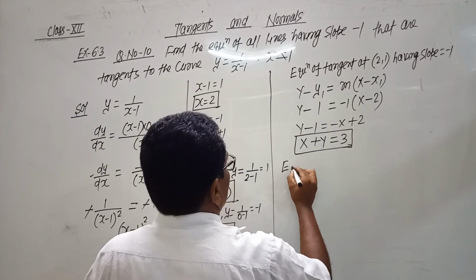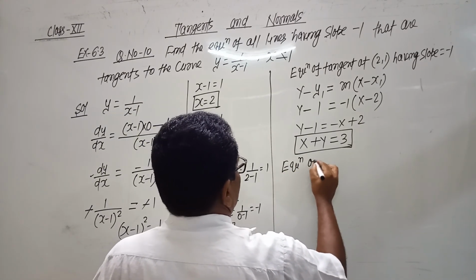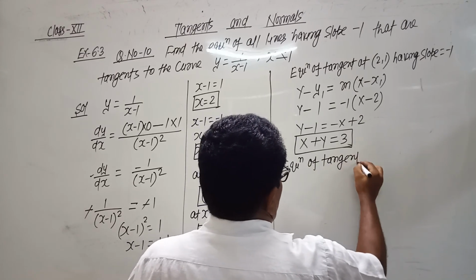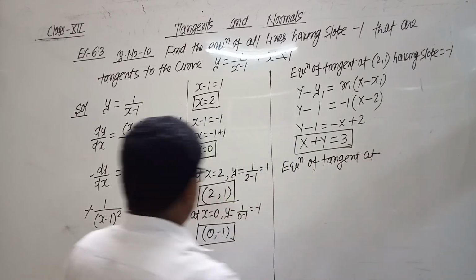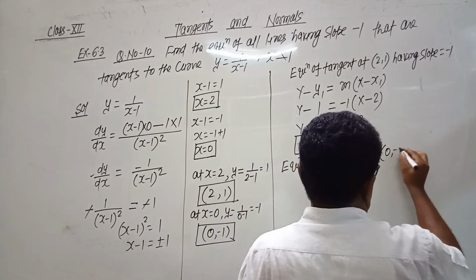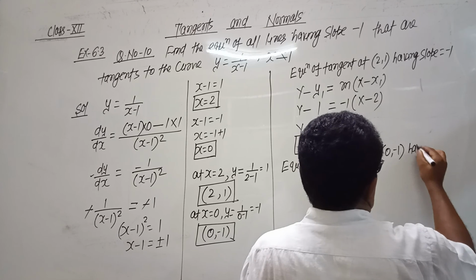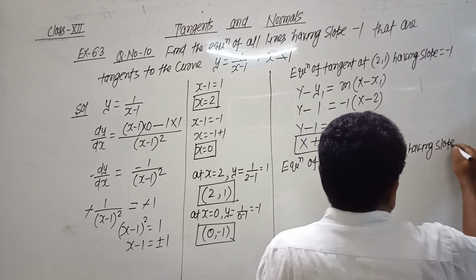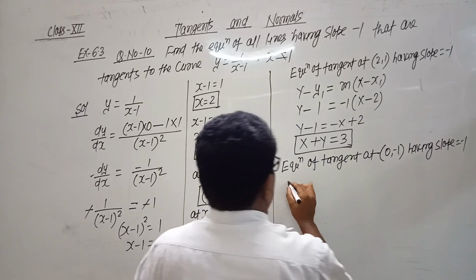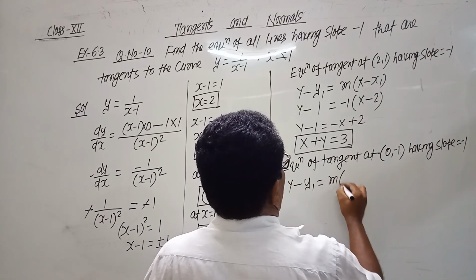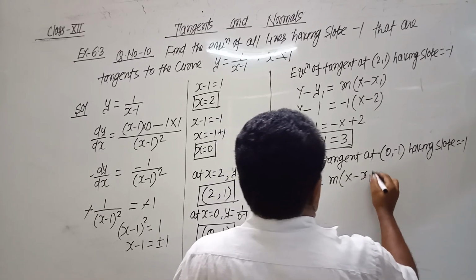Now the equation of tangent at the other point, which is 0 comma minus 1, having slope equal to minus 1. Same formula: y minus y1 equals m times x minus x1.